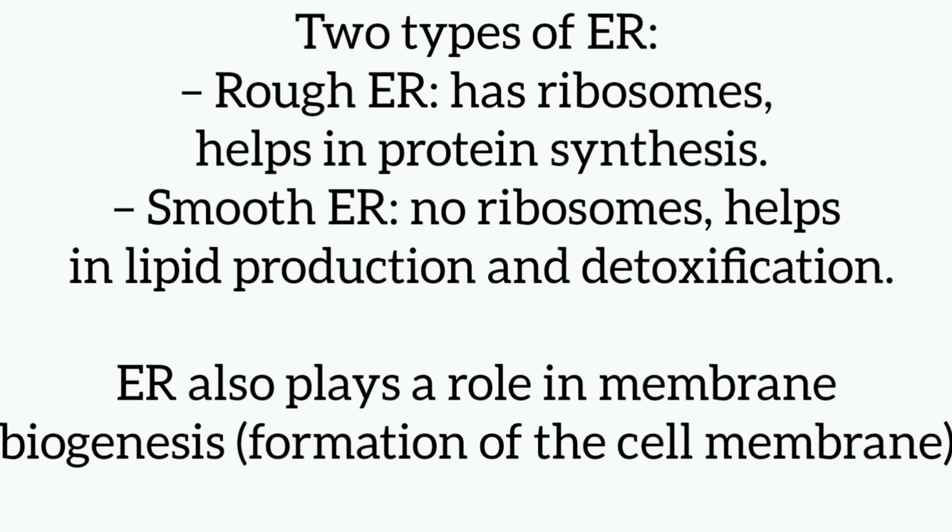Rough endoplasmic reticulum has ribosomes and helps in protein synthesis. Smooth endoplasmic reticulum has no ribosomes, but it helps in lipid or fat synthesis, and also helps in detoxification in the liver cells of vertebrates. The endoplasmic reticulum also plays a key role in membrane biogenesis, that is, it provides proteins and lipids to form or repair the cell membrane.